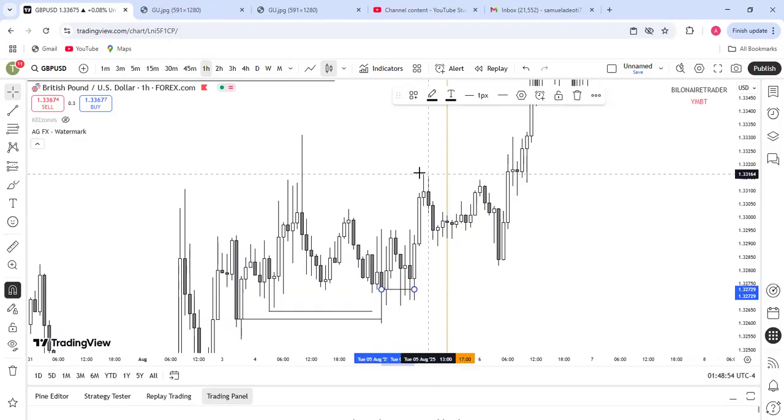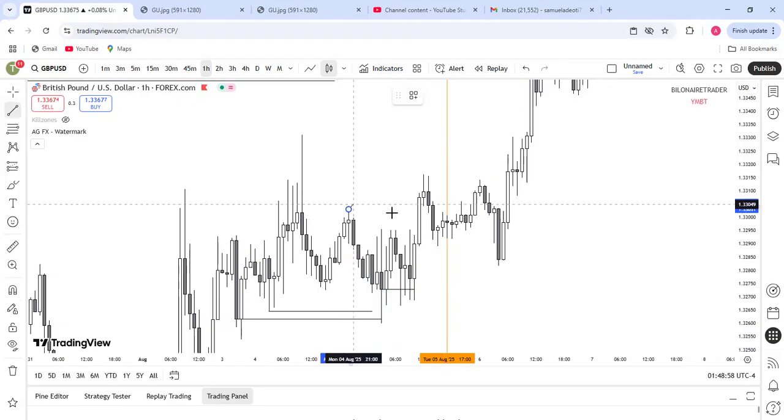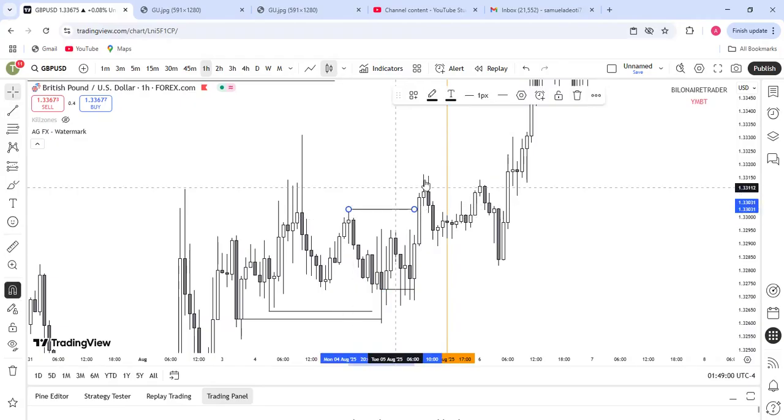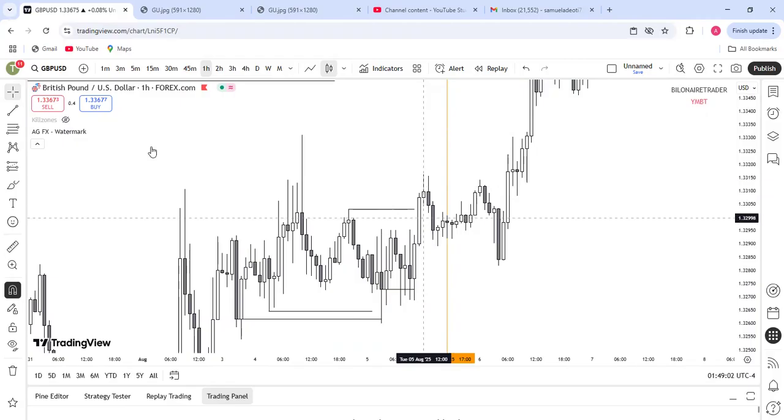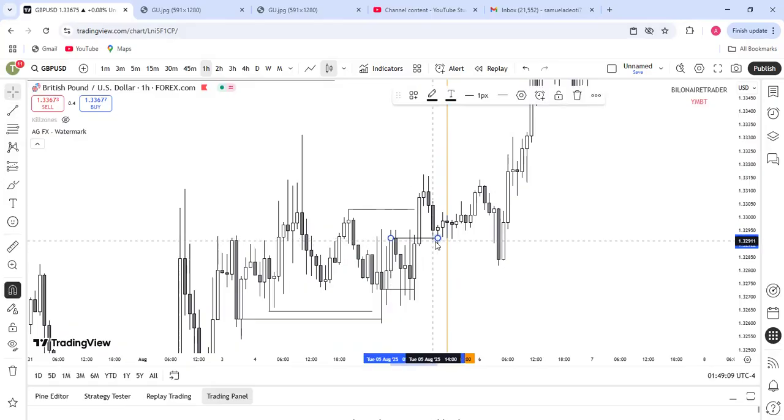Then market finally came and closed above this. So we had a market closure, then market reversed back down into this zone. Yeah, this was a zone, a place for a buy. Of course, some people could have bought from here to take out this high, but market couldn't take it out.